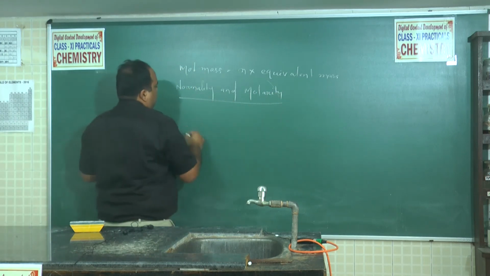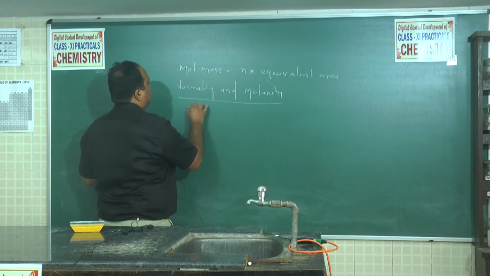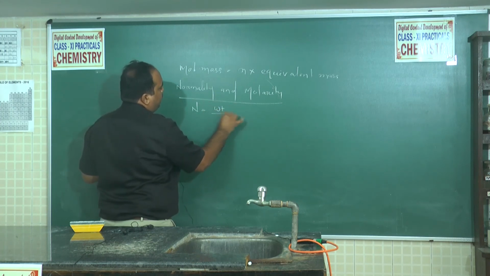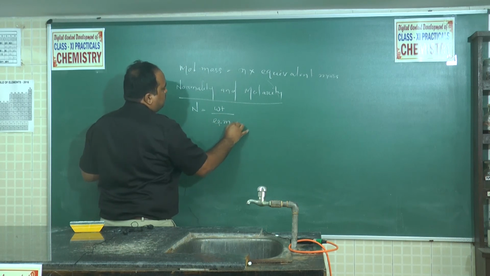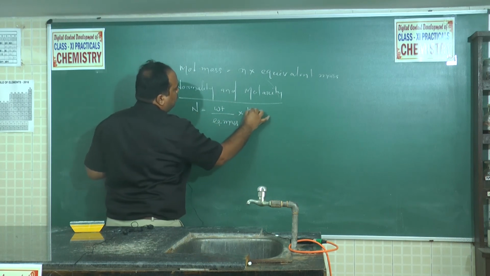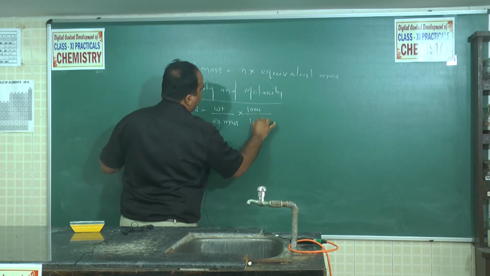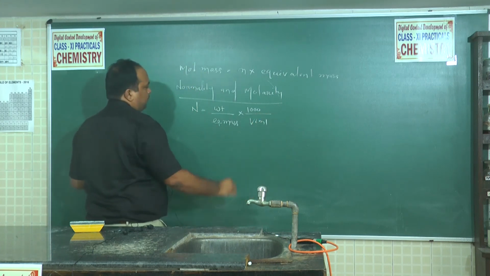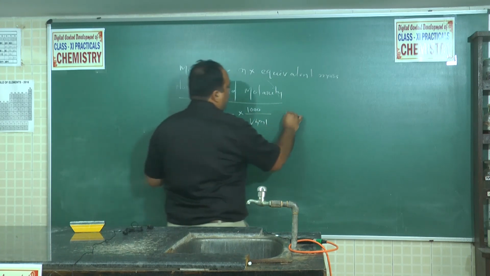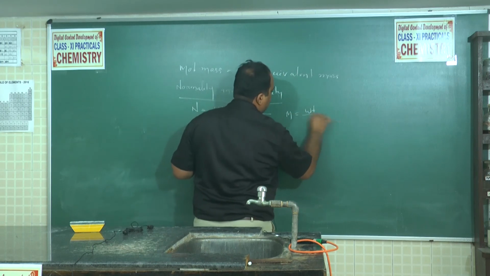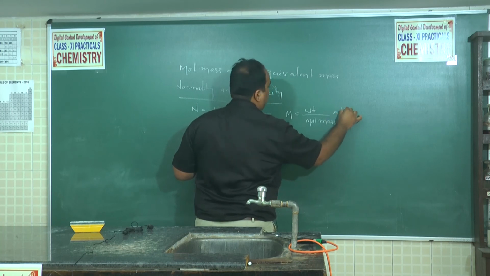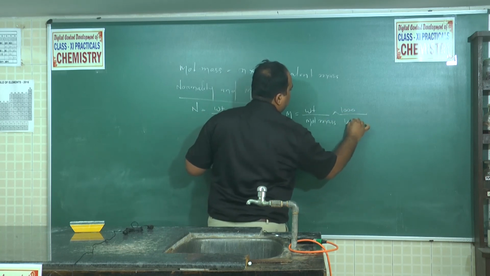See, let me take the formula of normality: given weight by equivalent mass into 1000 by V in ml. And molarity is equal to weight by molecular mass into 1000 by V in ml.